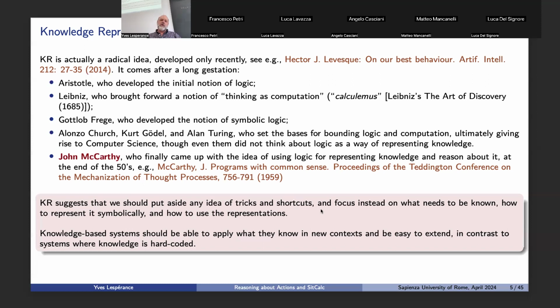So that's the idea. It's quite a neat idea, but at the same time the big challenge there is to ensure that the reasoning that the agent needs to do on this knowledge can be done efficiently enough.